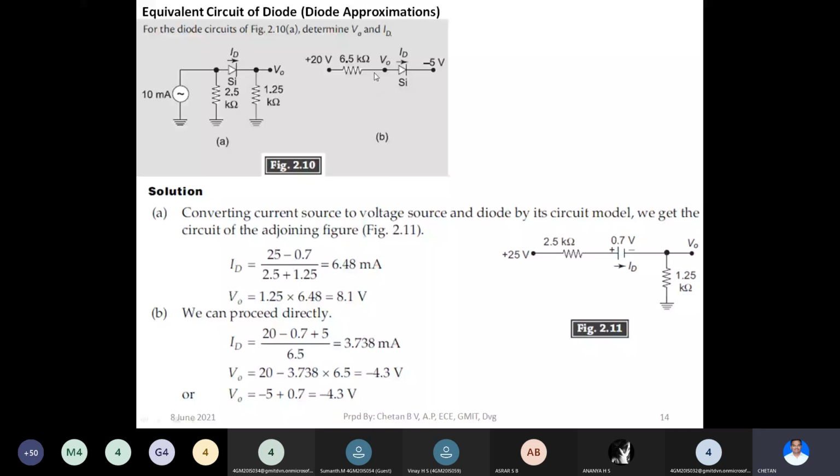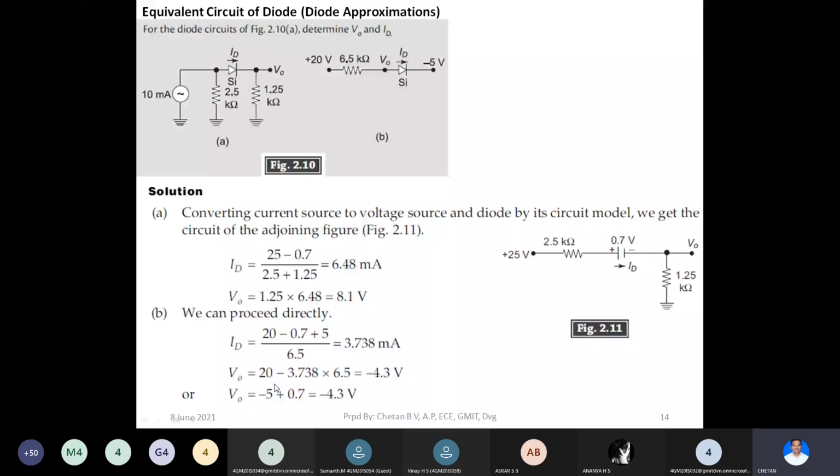So directly we can take this V naught value, and before calculating that V naught value, what we require is the current which flows through this, right? And the same current would flow through the diode also. The current again we calculate using the same KVL. That current is 3.738 milli. From that we calculate V naught.